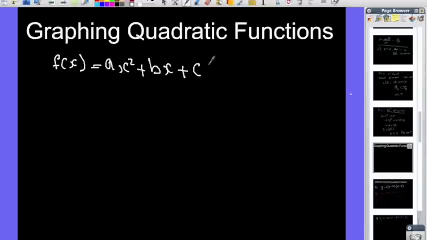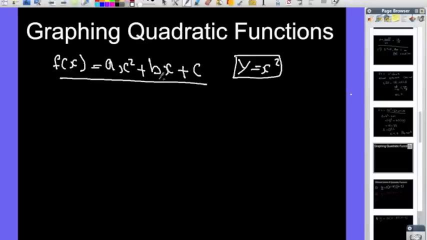So basically this is the transformation of y equals x squared. This usually gives you parabolic graphs, so graphs which are parabolic.